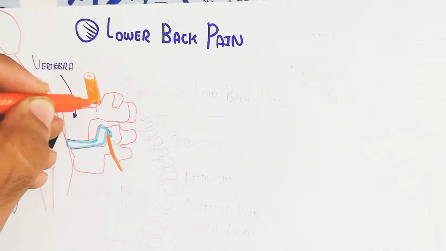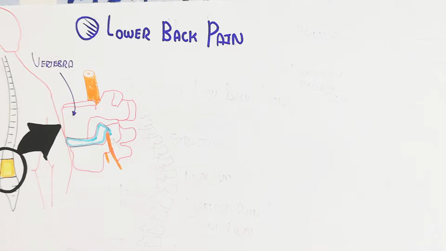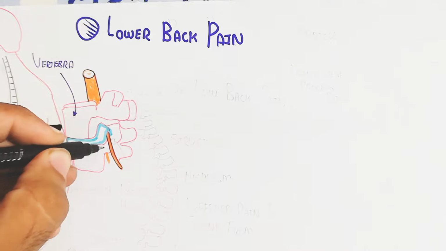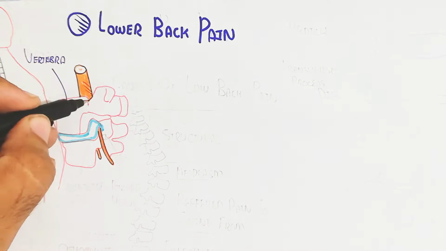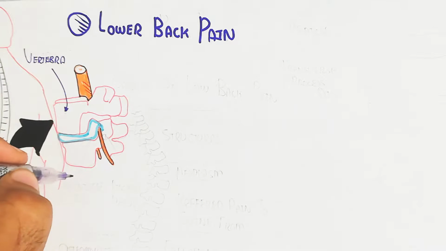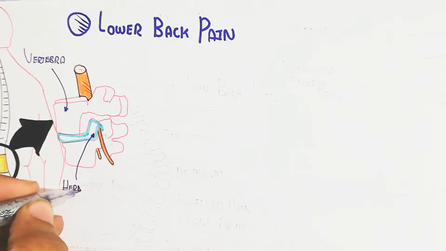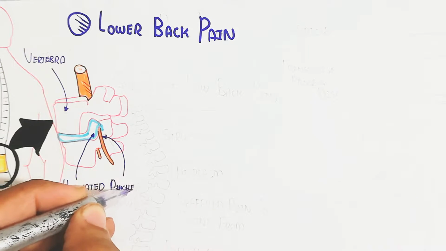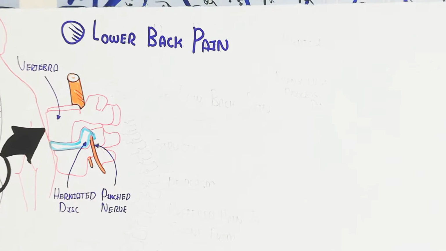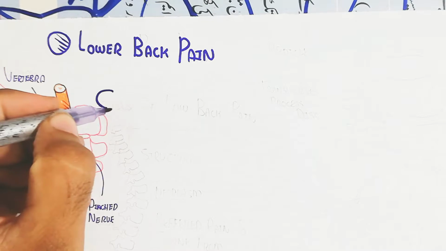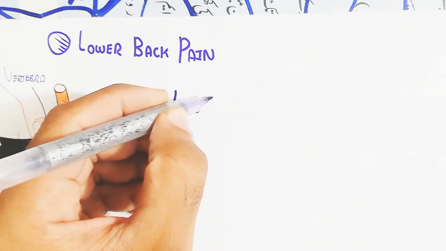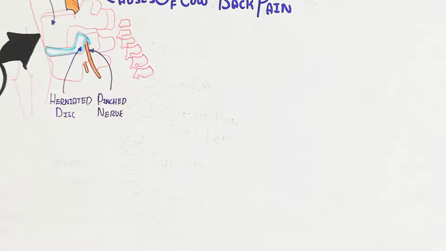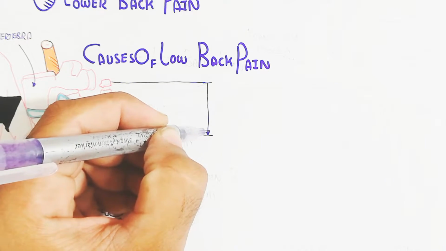This is the direction, and this is the vertebra, and basically a herniated disc leads to a pinched nerve, which causes inflammation and the feeling of pain. Other reasons also lead to pain, and that pain arises in the lower back or other back areas, but mostly the lower back. We will discuss the causes of low back pain in this video.